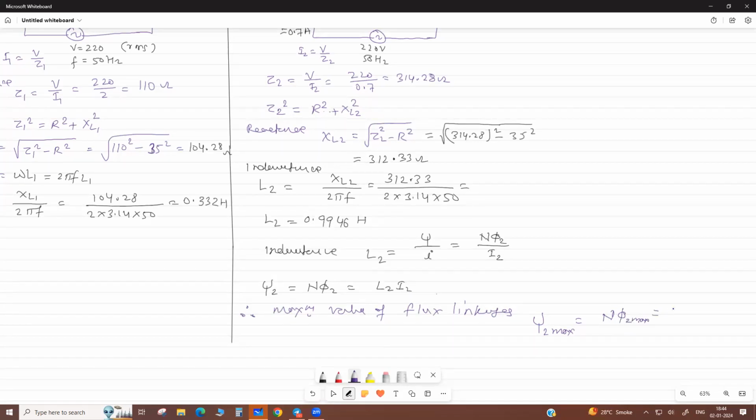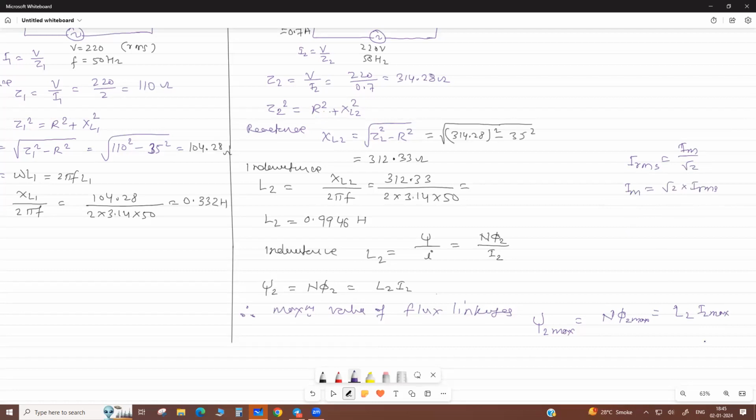So how do we calculate? Now here L2 is a fixed value. But I2 we take as the maximum. Now if you know the RMS value, what is the RMS value of current? RMS value equals I max by root 2. Then I maximum is root 2 into RMS.